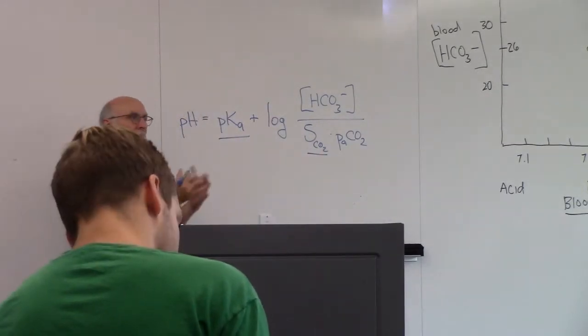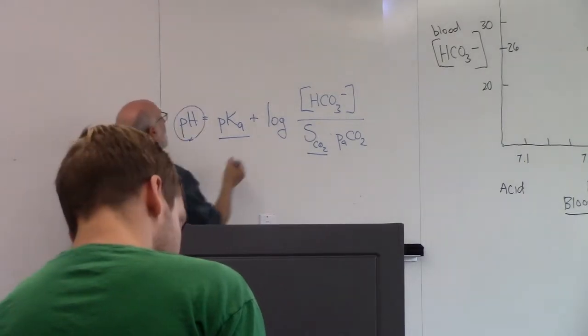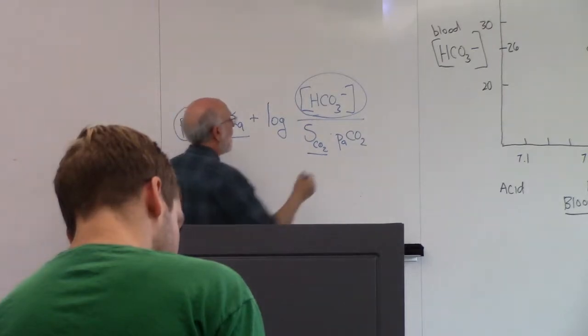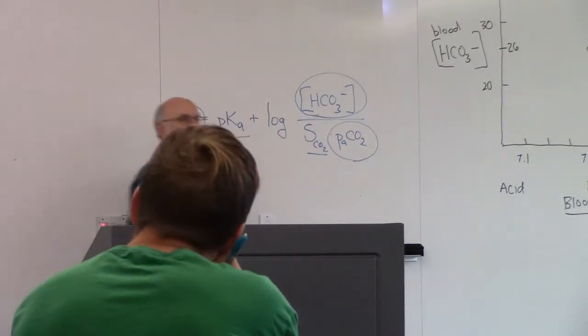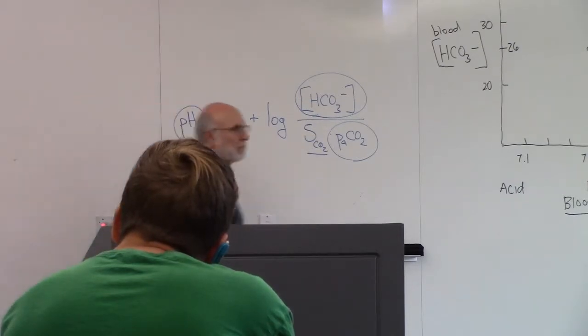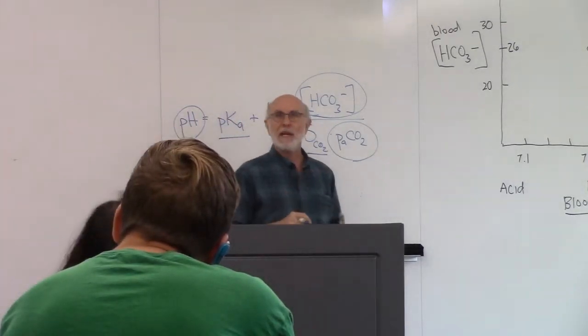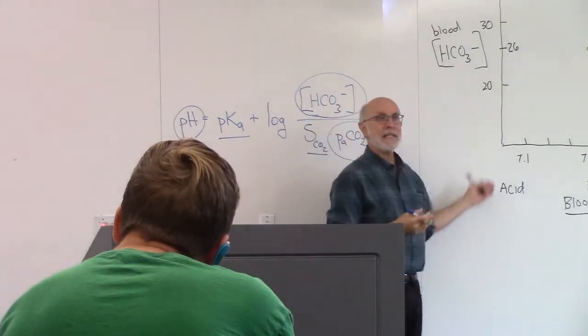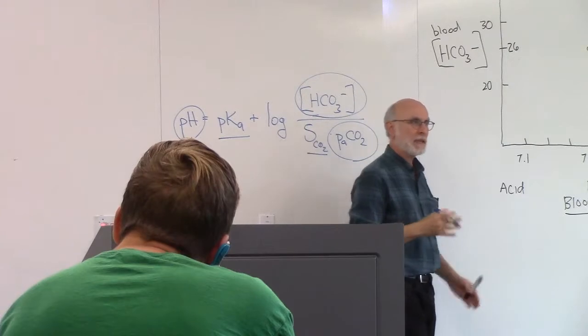But there are three variables here: there's pH, there's the bicarbonate concentration, and there's the carbon dioxide partial pressure. So we have three knobs that we can turn, three things that we can change, and only two axes on the graph. So that makes it a little tricky.